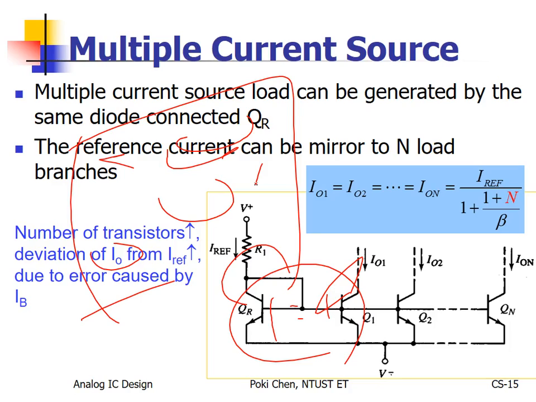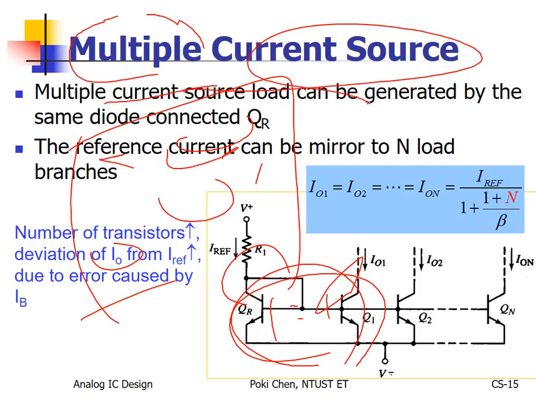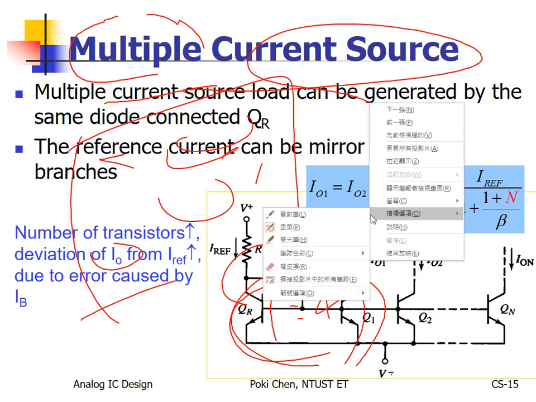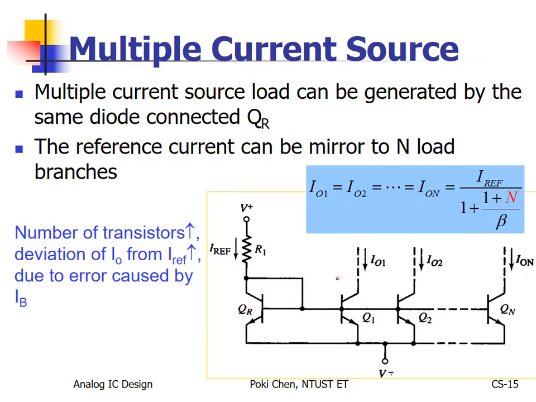You need to generate a lot. Then only one-to-one is not good enough. Then we will talk about multiple current sources. This is the idea: one-to-one, or one-to-many.